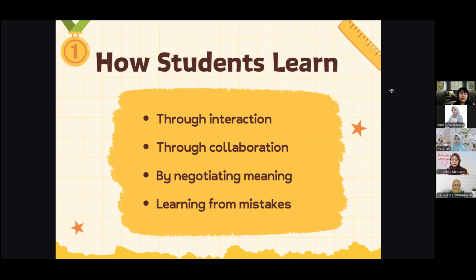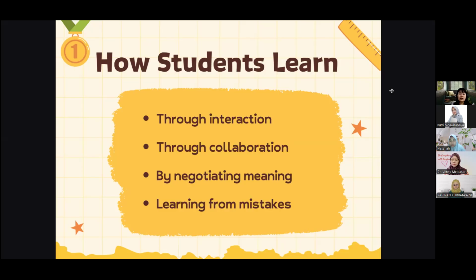Another important point is negotiating meaning. This means when students don't understand something, they try to clarify, ask again, or rephrase. For example, if one student says something unclear, another student can ask, "Sorry, what do you mean?" Or "Can you repeat that?" Or they may try to explain again using different words until their friend understands. Also, students learn from their mistakes.